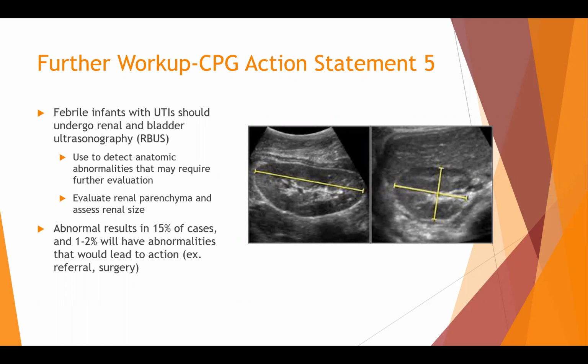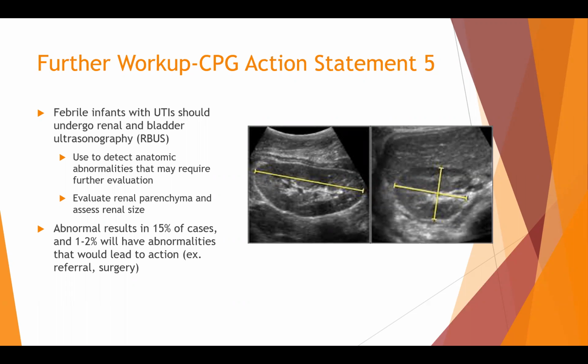I do want to make one quick statement. I still think you can go ahead and get this during an infection, but just think about how sometimes E. coli endotoxin can produce a little bit of dilation during an acute infection, which could be confused with hydronephrosis or pelviectasis.